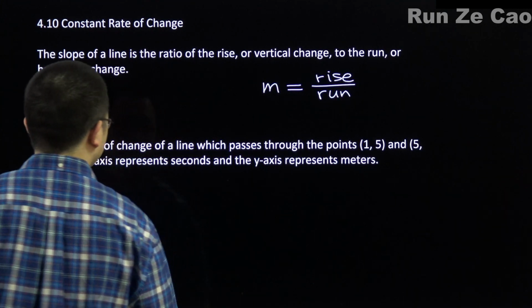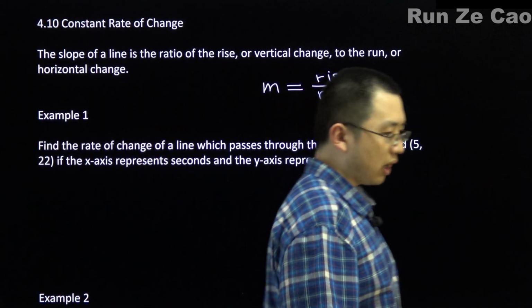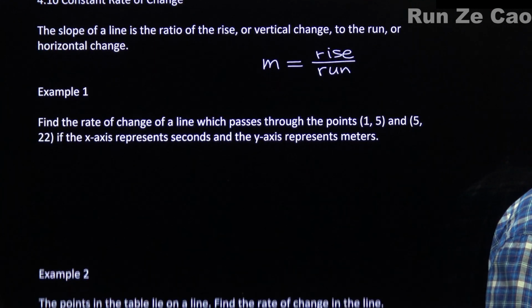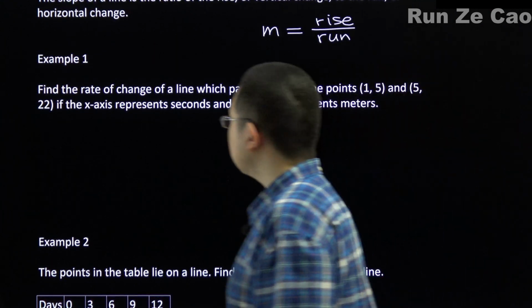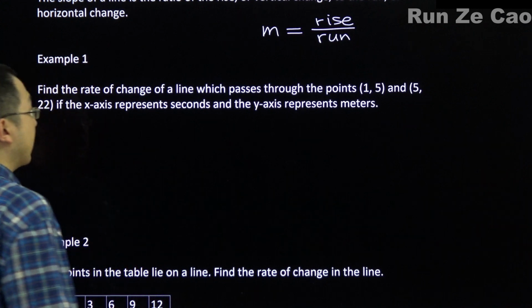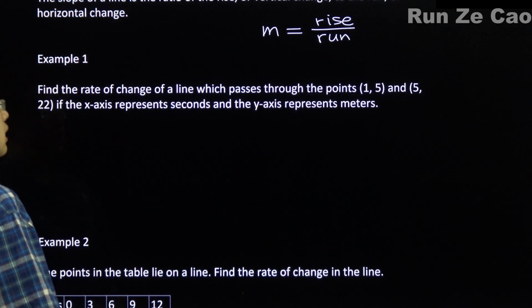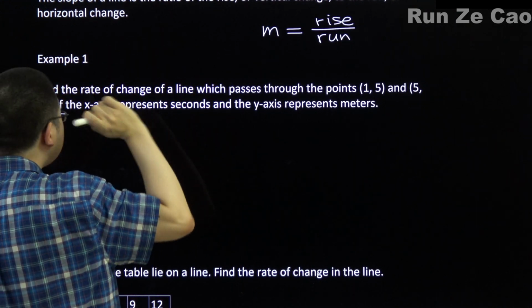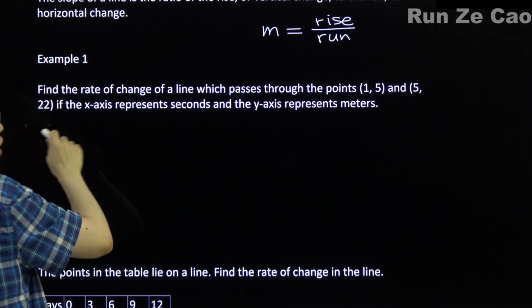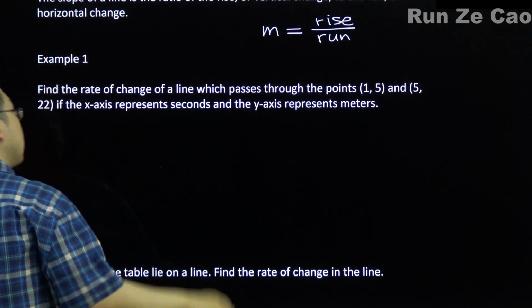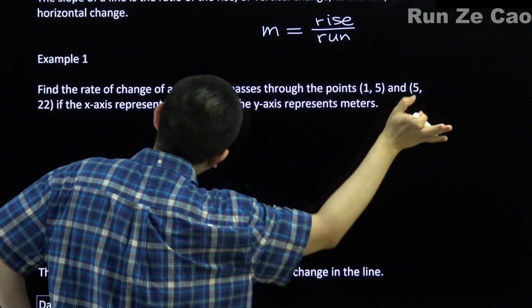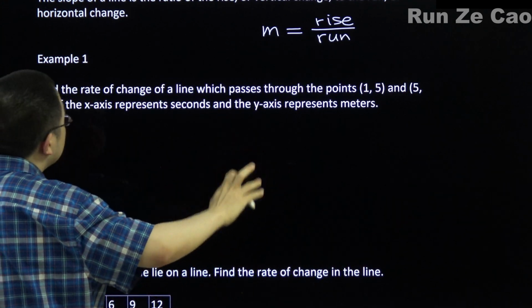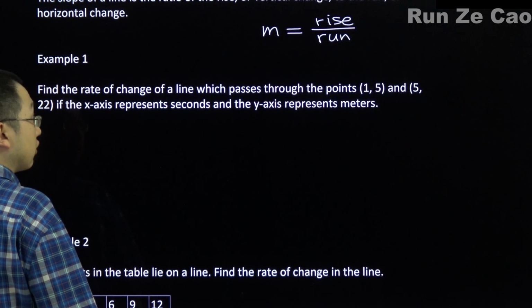Find the rate of change of a line which passes through the points 1, 5, and 5, 22, if the x-axis represents seconds and the y-axis represents meters. Now, slope is usually just a number, but if you're told that the x-axis represents something and the y-axis represents something else, then yeah, you should have units.